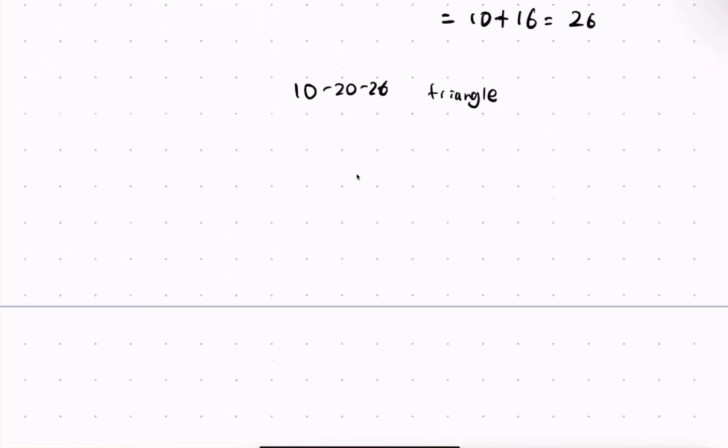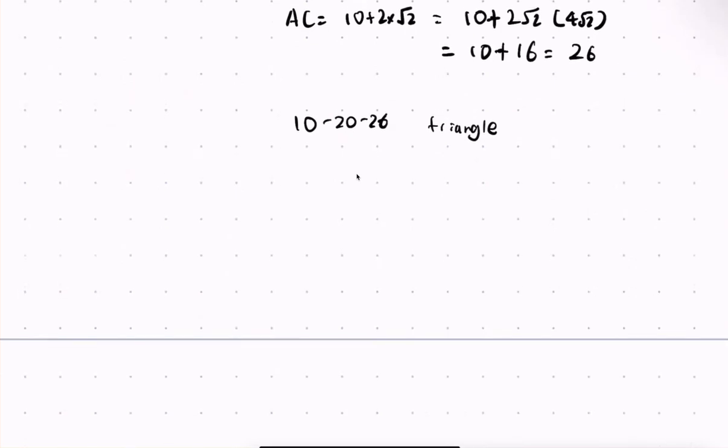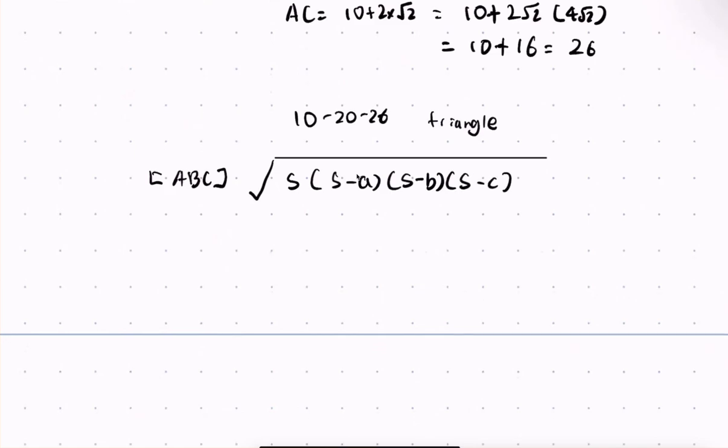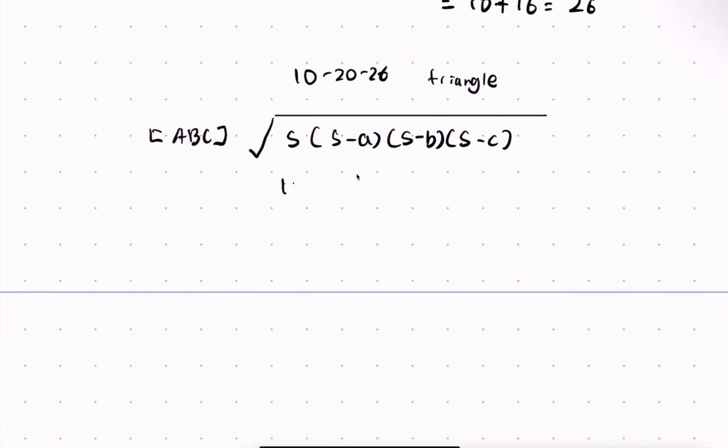Okay. And we can use Heron's formula. So Heron's formula states that the area of ABC is equal to the square root of the semiperimeter times the semiperimeter minus each of the three sides. And the semiperimeter is just half of the perimeter, so it's 10 plus 20 plus 26 over 2, which is equal to 28.